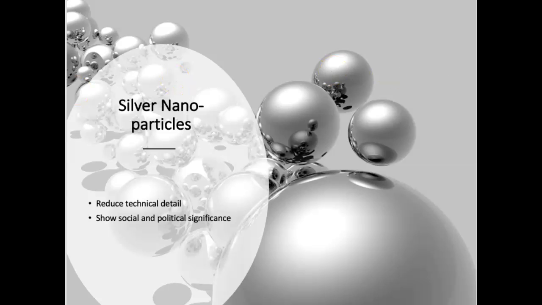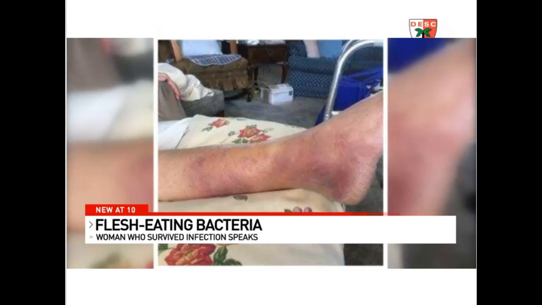And so in our research, what we discovered is that silver nanoparticles are now one of the main alternatives to antibiotics. And as you can see here, there's flesh-eating bacteria. You could have a shocking video if you so wanted. We always know that people are completely freaked out by images of hideous disease.